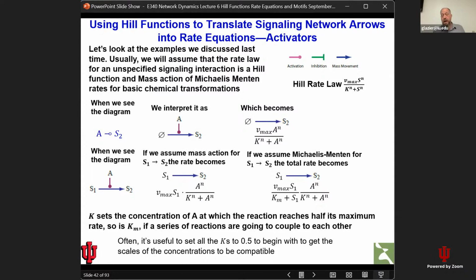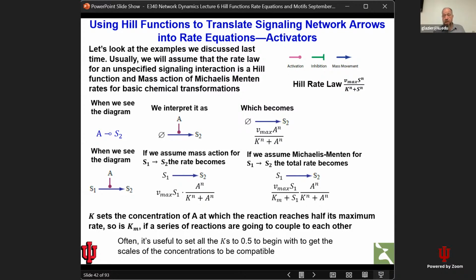And the way we can do that in our circuits is by setting those Michaelis K's to always be the same value. You could set them always to 10, and then everything will scale between 0 and 20. In my case, I like to use a K of 1/2 so that the values of S go between 0 and 1.